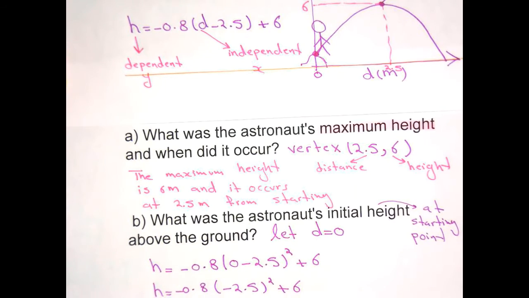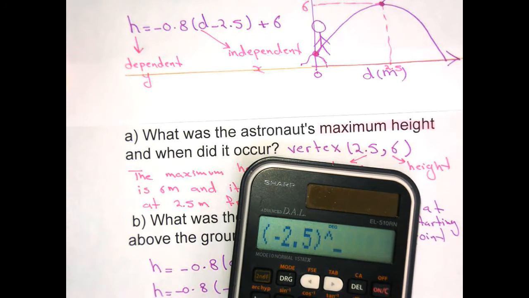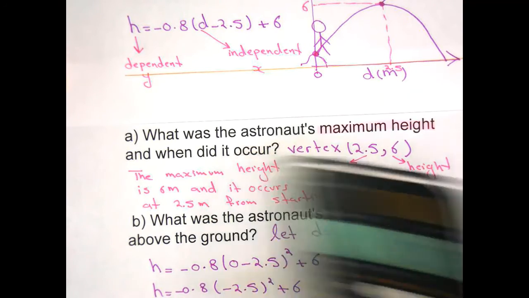You have to use the exponents next, BEDMAS. So negative 2.5 squared is 6.25.